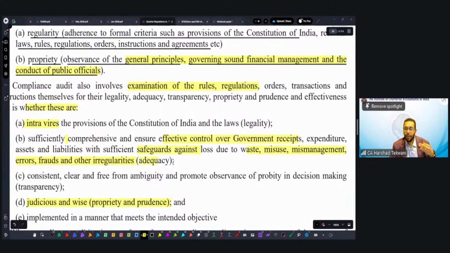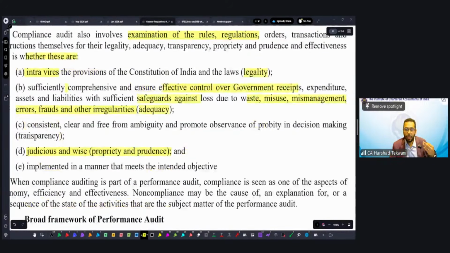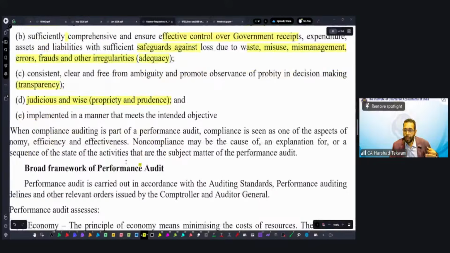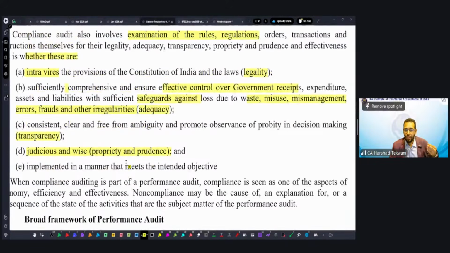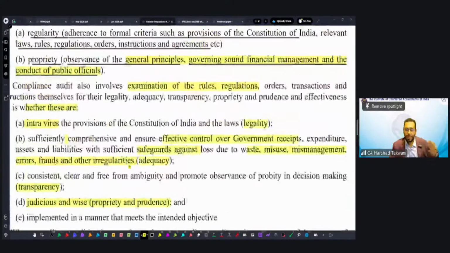We are talking about adequacy, legality, transparency, propriety and prudence. If there is non-compliance, it is looked into from that perspective. So this is the compliance audit we are talking about. Any doubt with respect to the compliance audit?